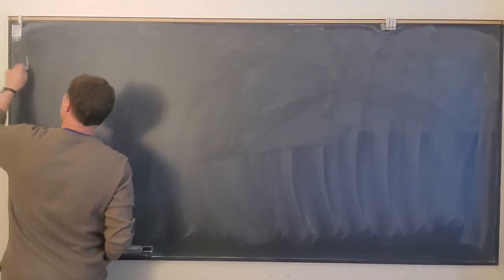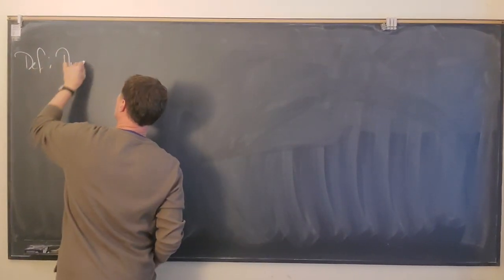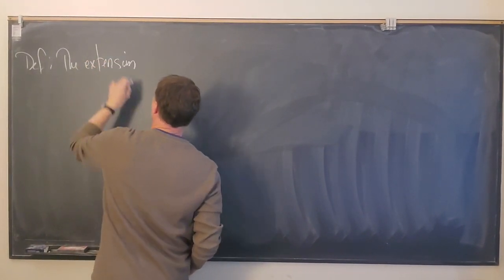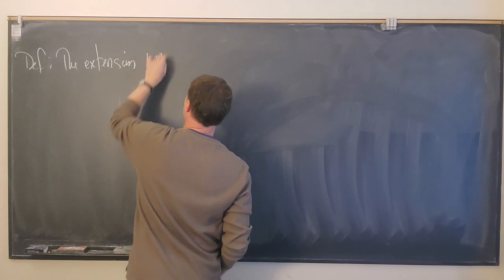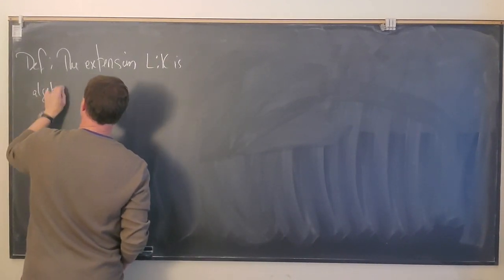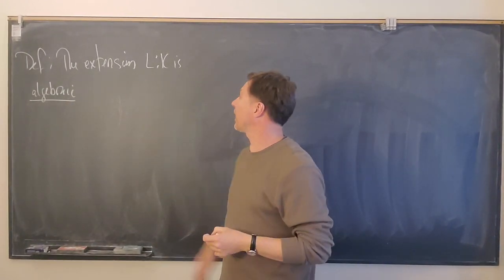In particular, what we want to do now is define what it means for an extension L over K to be algebraic. Previously we defined algebraic element, now we're going to define algebraic extension.